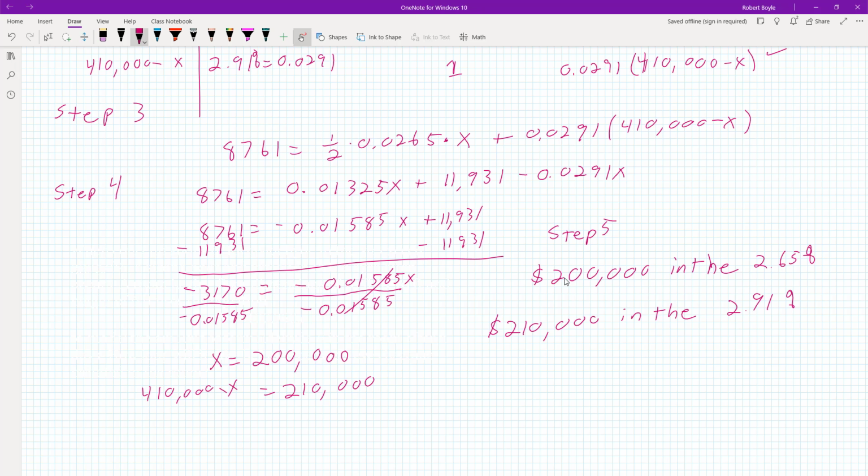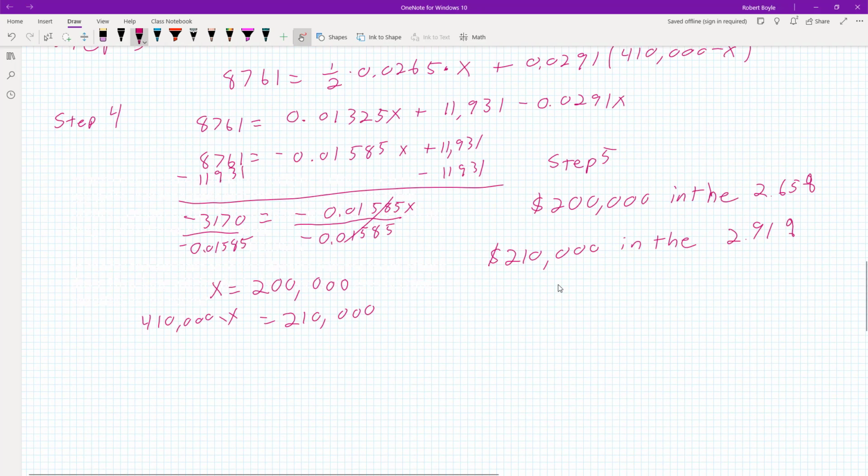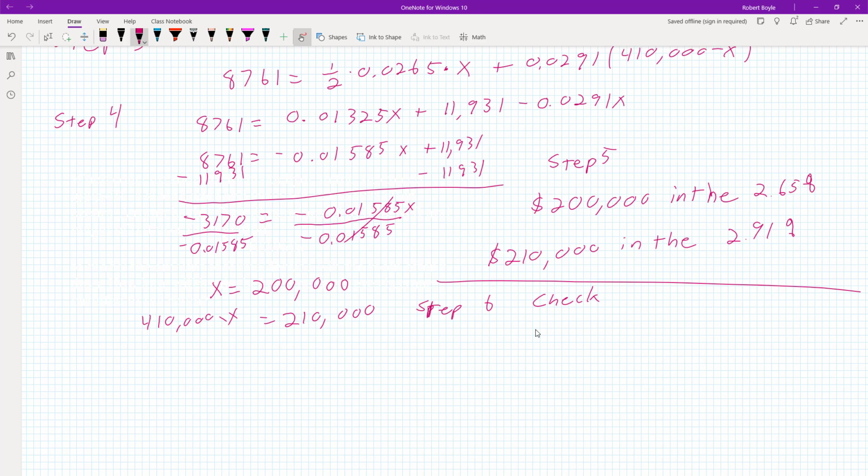I guess it sort of makes sense. I mean, they're both positive numbers, so they would pass a basic sanity check. Of course, if one of these is negative, you made a mistake somewhere. So step 6 is to check. If you invested $200,000 into an account that pays 2.65% interest for half of a year, you would have an interest of $2,650.